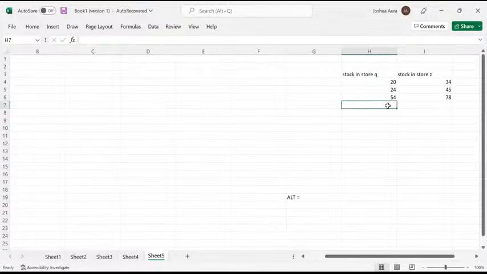Once it's inside, I don't have to press equals, I'll simply say Alt equals. You hold on to the Alt. Don't have your finger leaving the Alt. Once you hold the Alt, hold on to it permanently until you press equals. And then you enter.